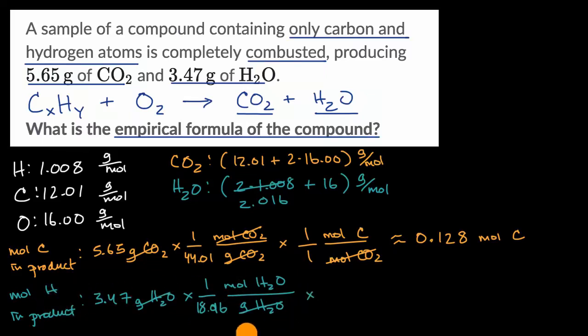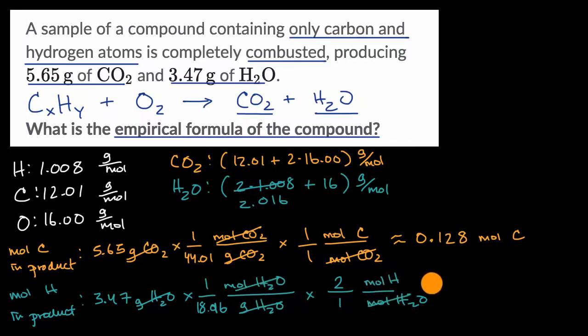And so how many moles of hydrogen do I have for every mole of water? Well, I'm going to have 2 moles of hydrogen for every mole of water, because in each water molecule, I have 2 hydrogens. And so that's going to cancel out with that, and we're just going to be left with moles of hydrogen.